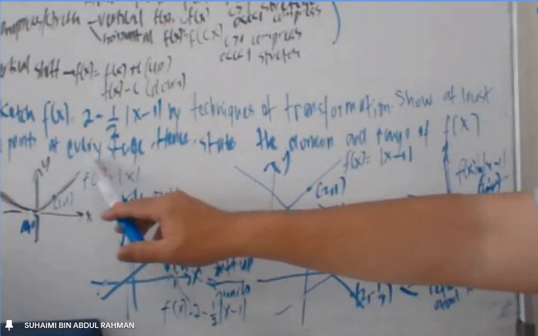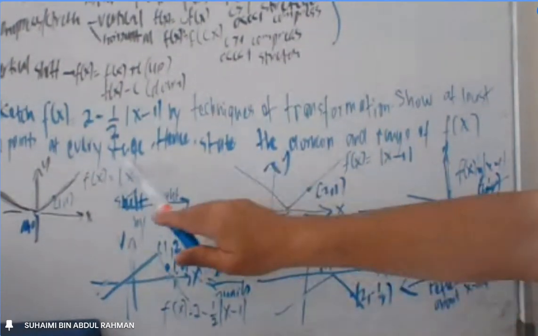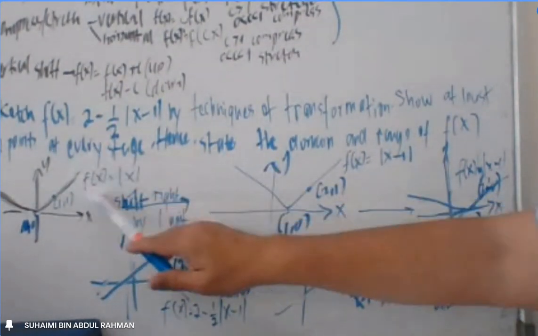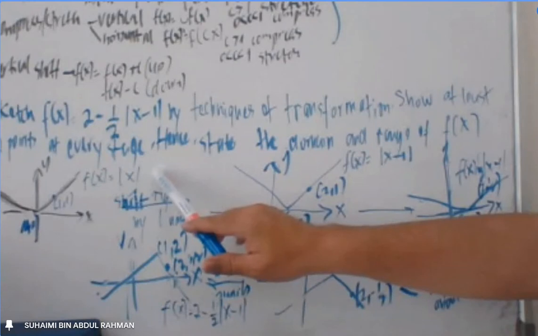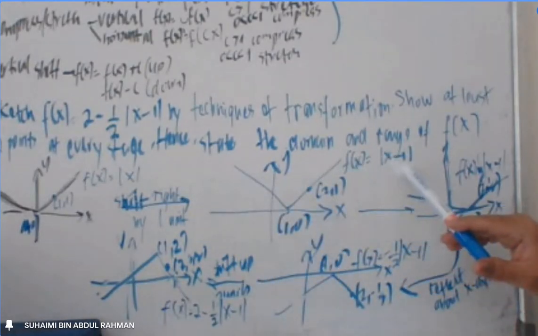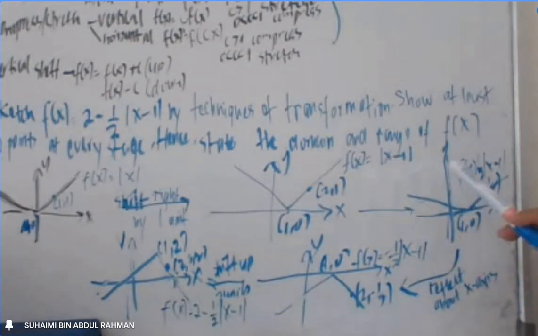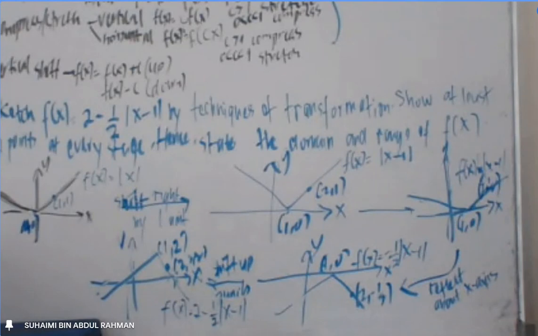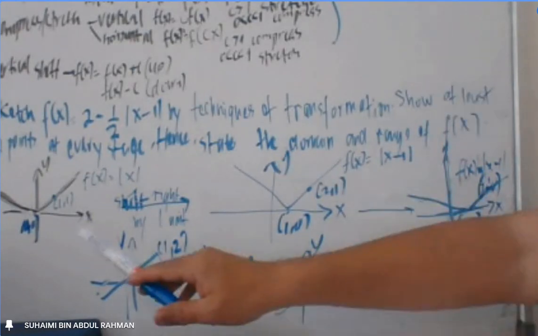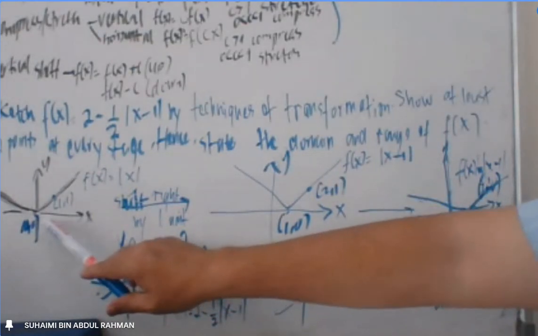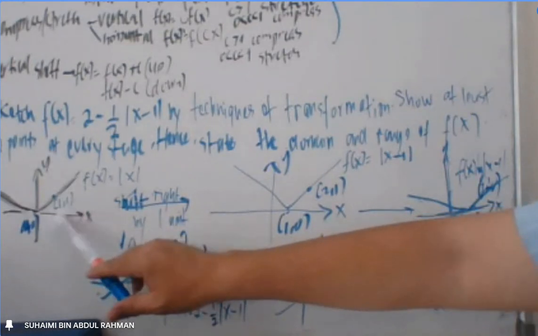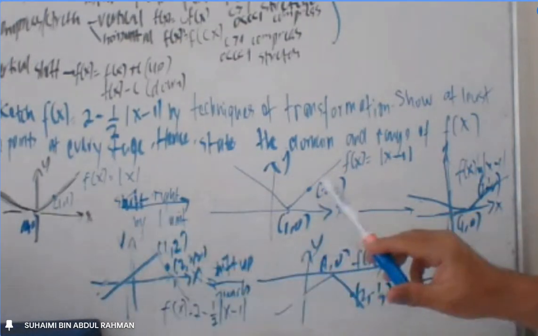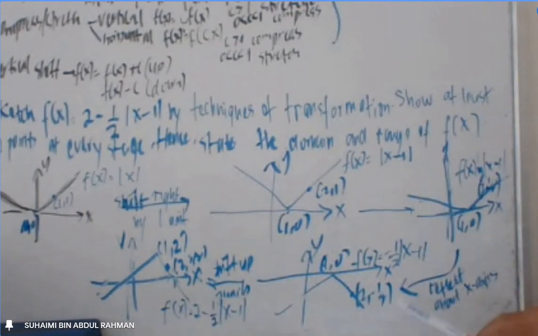You have to write the function. The function will be different, from absolute value of x, to absolute value of x minus 1, and then to the last function. Another is the points, these 2 points at each stage.